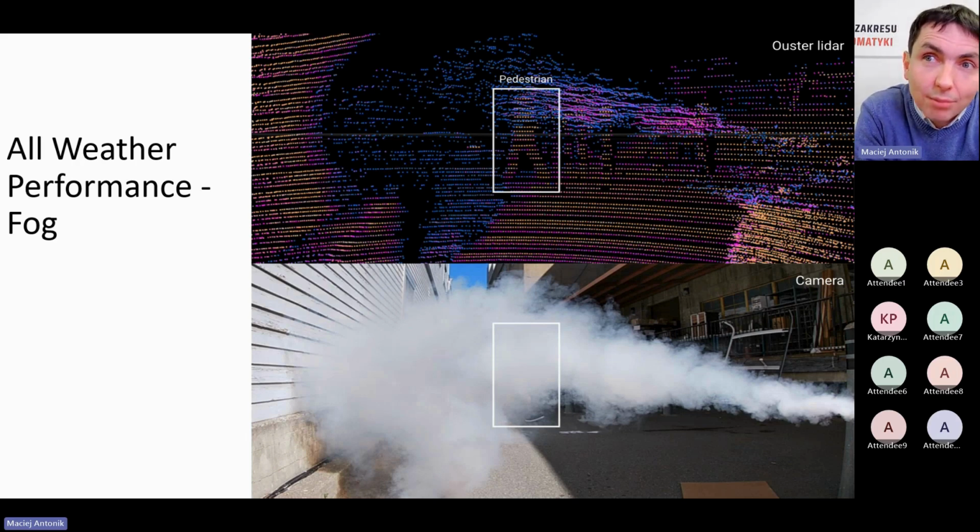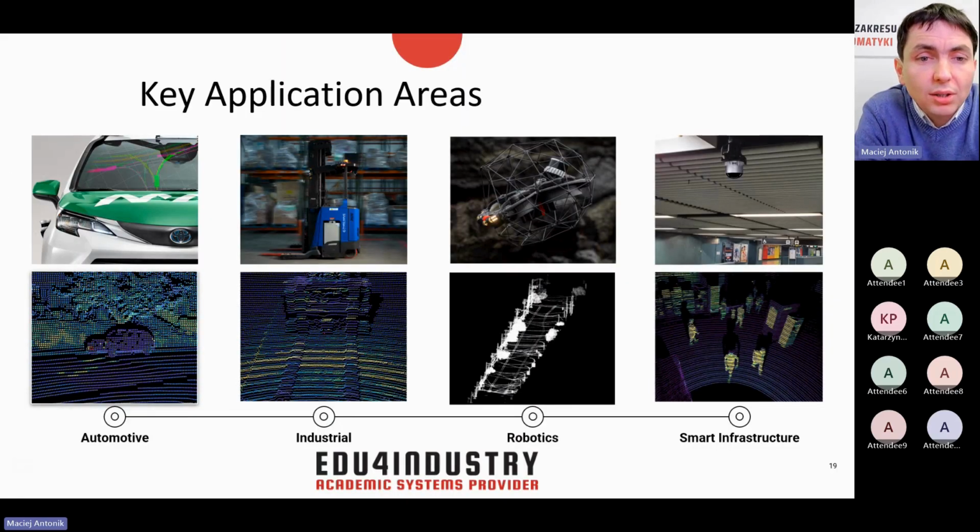While using the camera, well, you can maybe see a shoe of that person if you look closely, but there's no way you could detect that there is somebody there. So those are some of the advantages of a lidar over a camera that make it so unique in a number of applications.